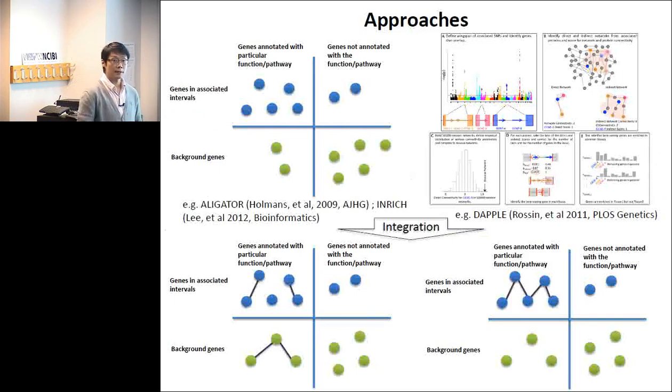Just to give you an illustration of what I meant, here are the other existing approaches that have addressed the two different things I mentioned. For functional enrichment analysis, we want to see if the genes in the associated intervals are enriched in certain gene functions or pathways when compared with the background.